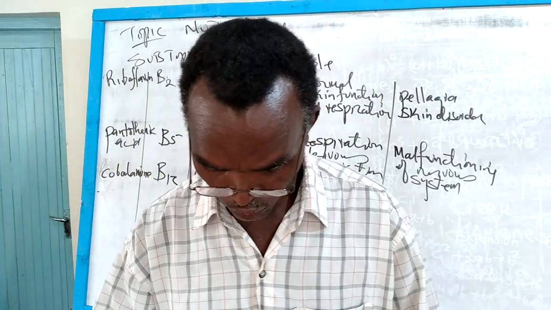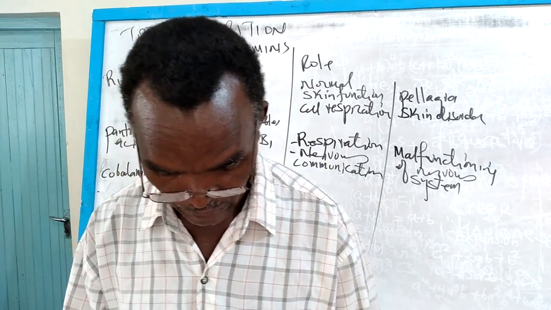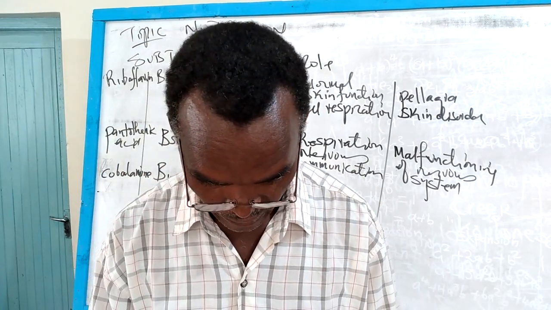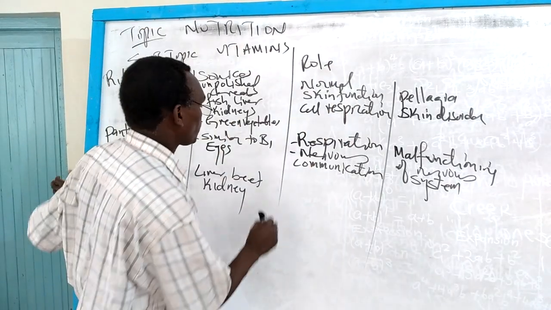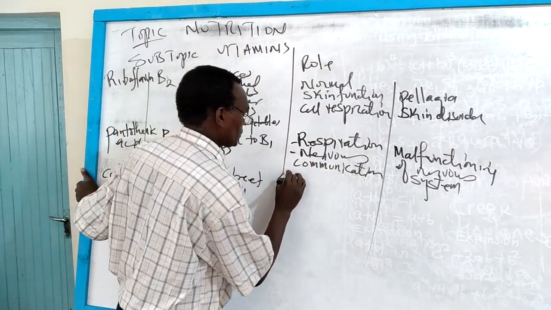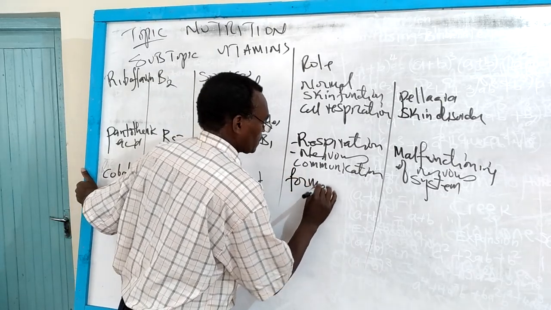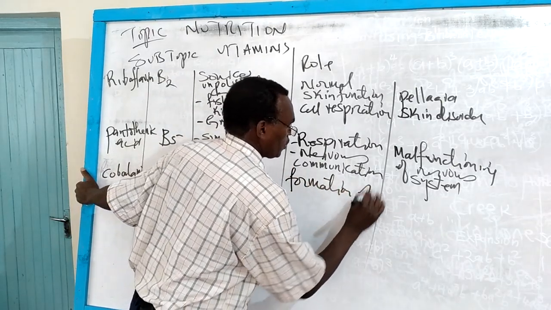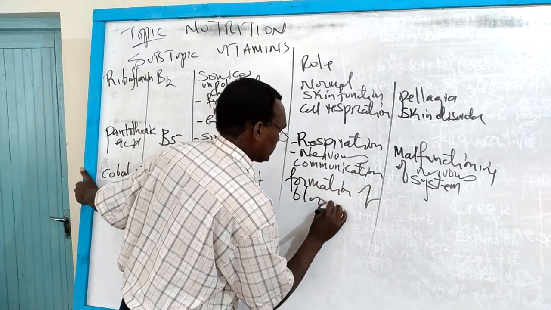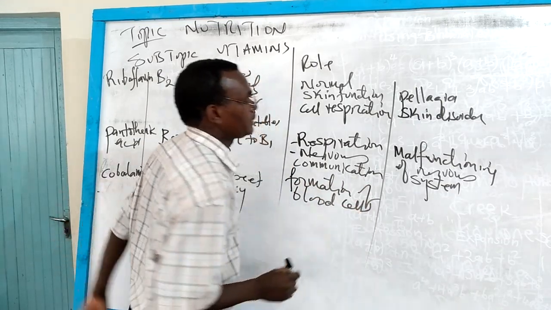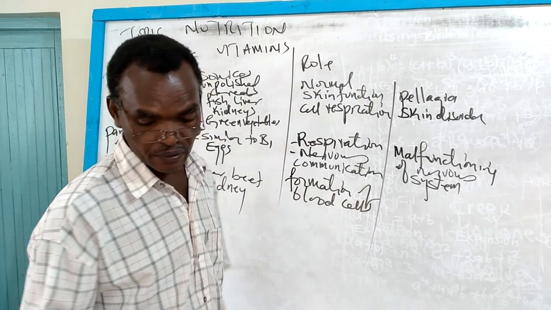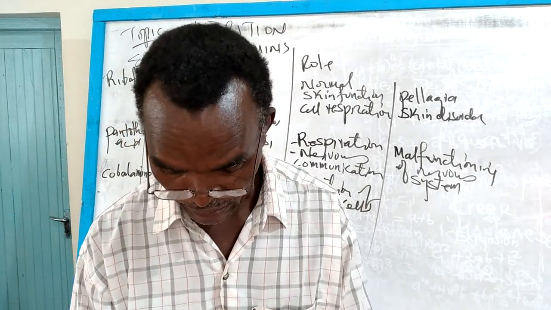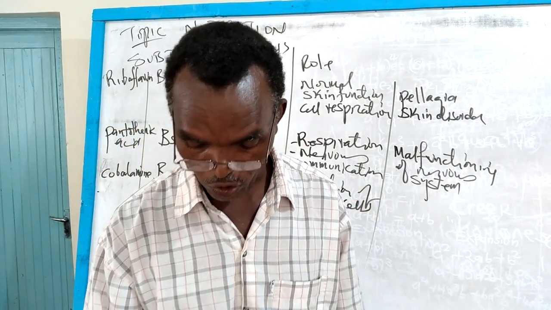What is the role of this vitamin? Now, vitamin B12 is needed for formation of blood cells. And therefore, deficiency of this vitamin B12 normally leads to a disease we call anemia.